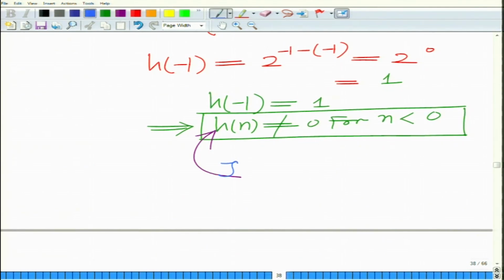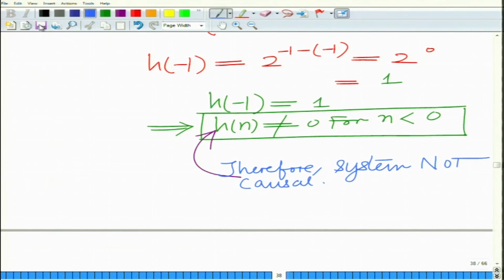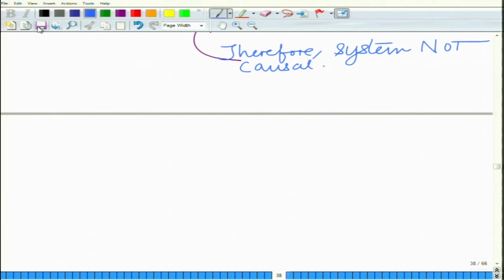Therefore, the system is not a causal system. Okay, so this is not a causal system. So, that completes that example.